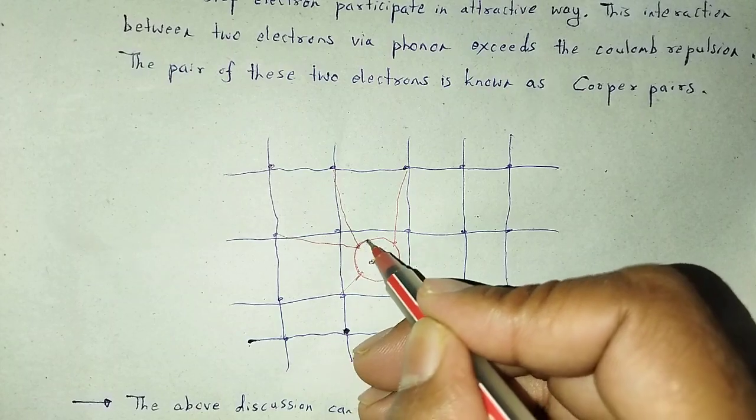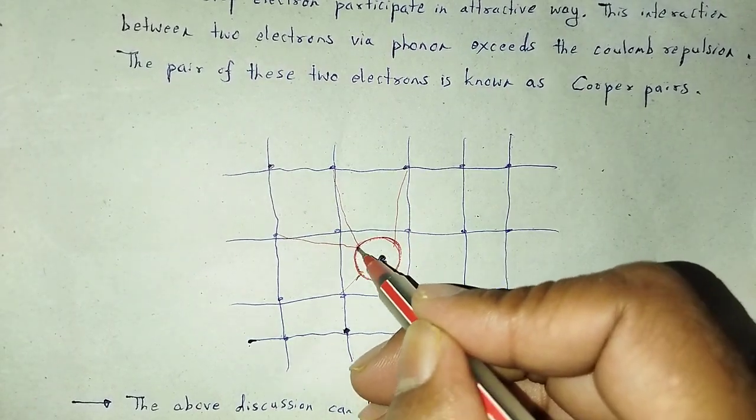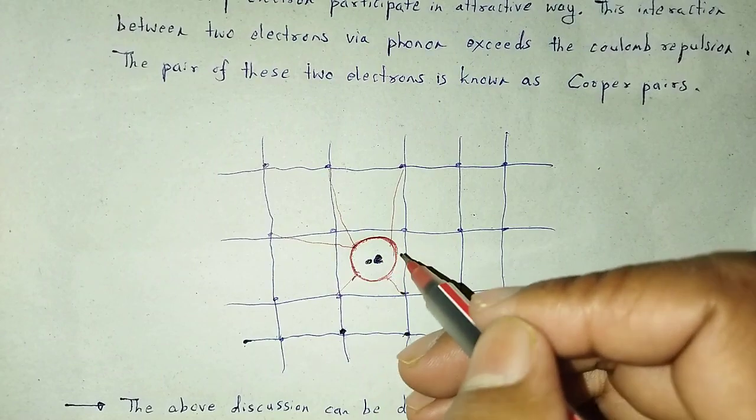The distorted positions, and that region of highly dense positive charge is known as a phonon.